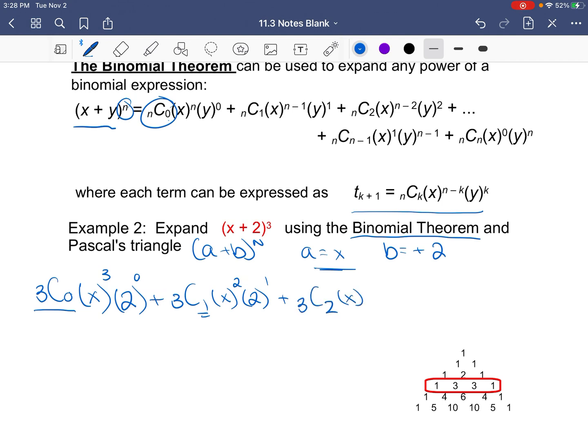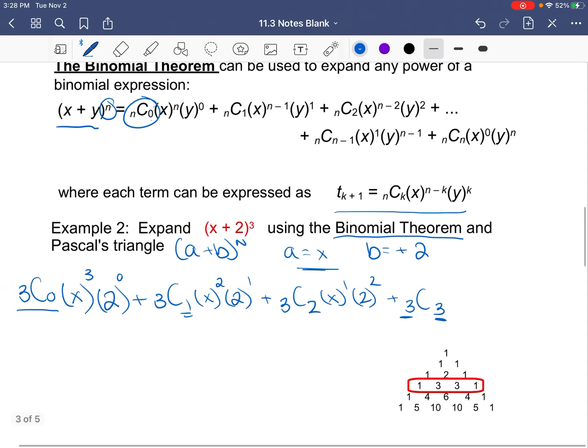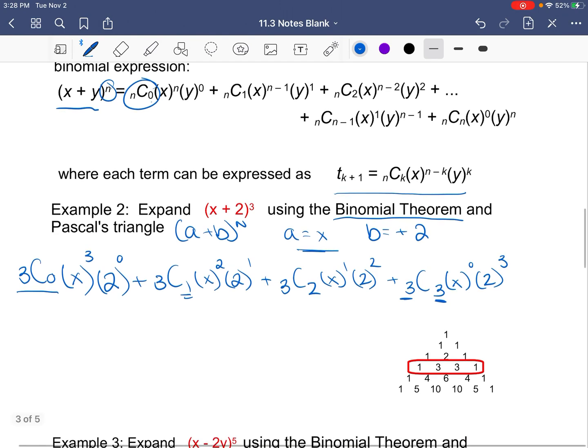Our x term decreases by 1, and our other term increases by 1. We then have our last term. You're going to know to end when your numbers match, and also your first term should get down to 0, and your second term should then be at your highest power. And now we're just going to evaluate it.